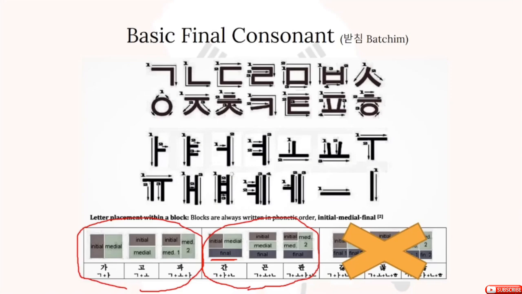But before that, this is just a brief introduction. Since we have covered all the basic consonants, the double consonants, and the vowels, if you have practiced enough and reviewed, you might get a sense of how they form a complete syllable.